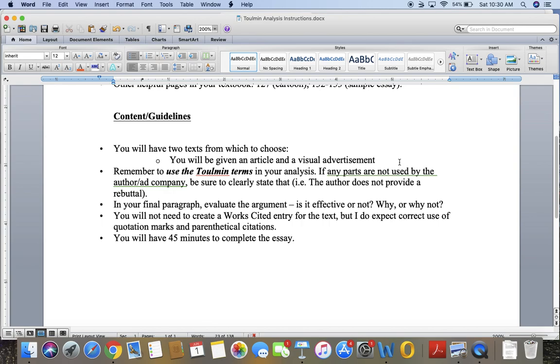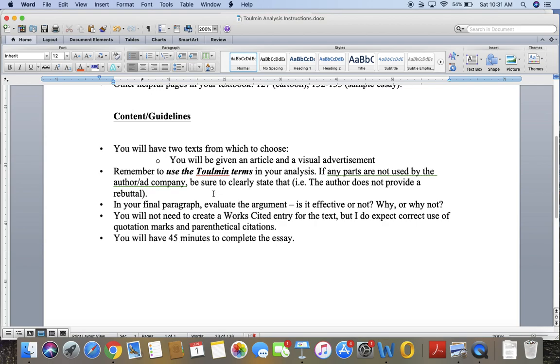And what you're going to do is remember to use the Toulmin terms. So the words claim, support, warrant, backing, rebuttal, qualifier, all of those should appear in your essay. If you don't use the terms, then you're not going to get a good grade, because the whole point of this is for you to show me that you understand these terms and that you can apply them to an argument.